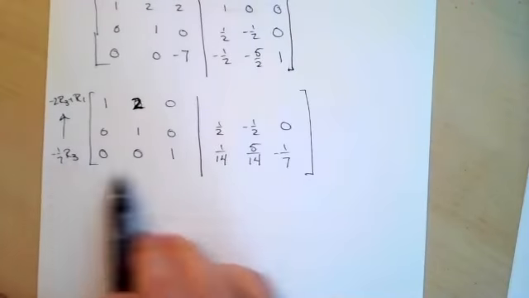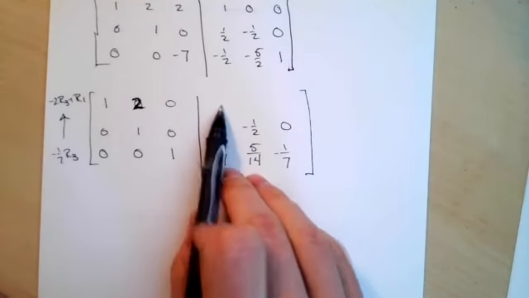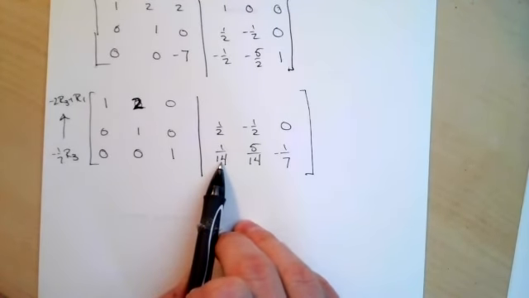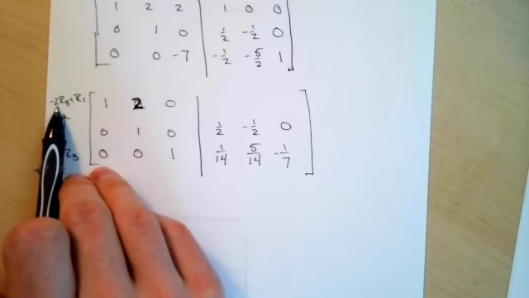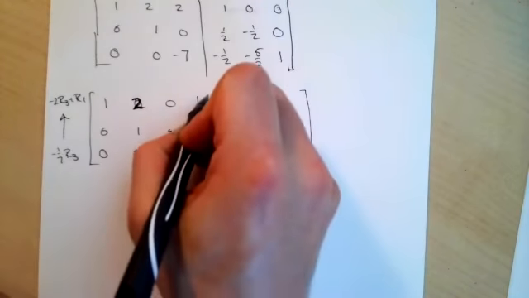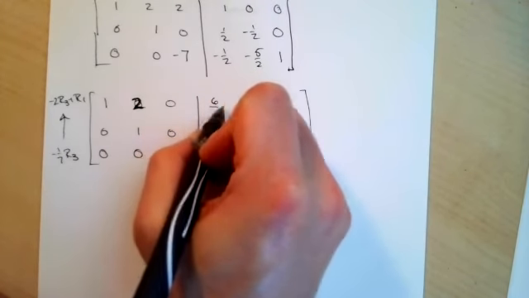And then what's going to remain in here? So we will have 1 plus 1/7 minus 1/7. So 6/7.